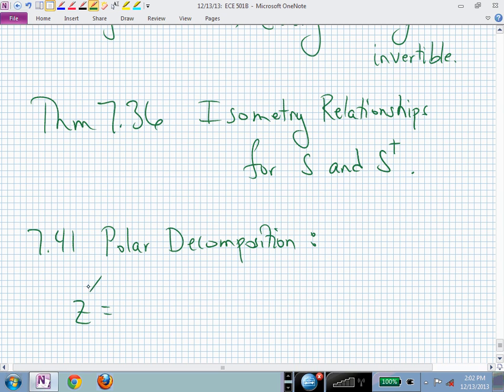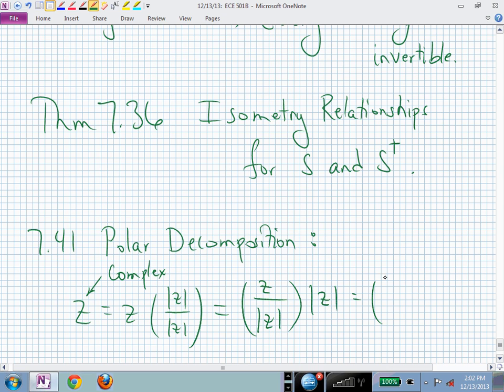Meaning, if z is some complex number, we can always multiply anything by 1, and this now is supposed to be 1, the length of z over the length of z. But now we can sort of partition or move that around so that we now have z over its length times its length. But we can also write its length as the square root, positive square root of the conjugate of z with itself.